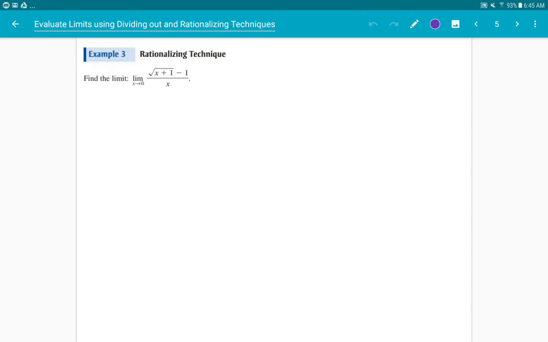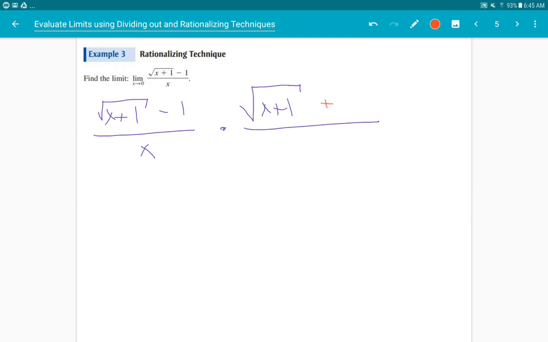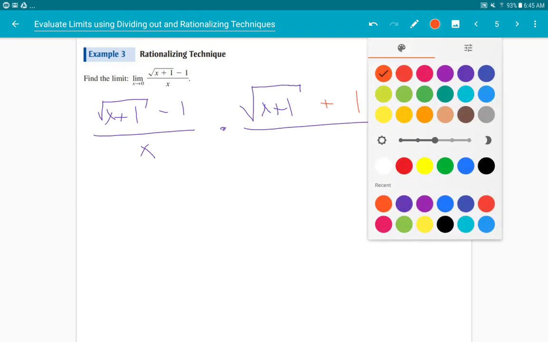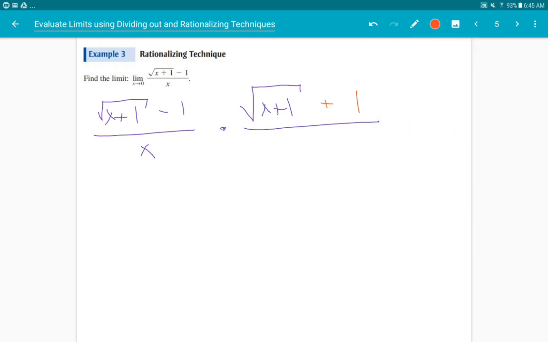You're going to start with this expression. We're going to multiply by the conjugate. So the conjugate is going to be radical x plus 1, but instead of minus, we're going to go with plus 1. Then same thing in the denominator, it's going to be radical x plus 1 plus 1.